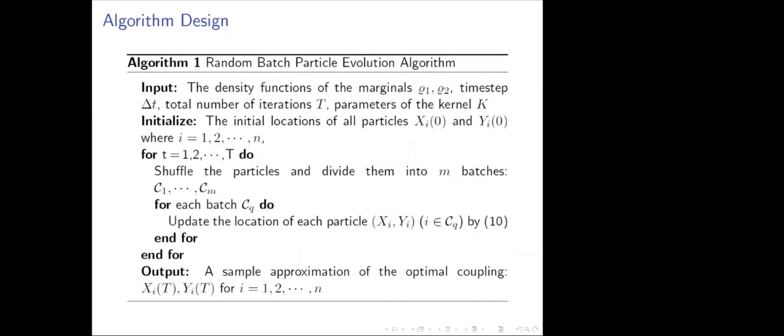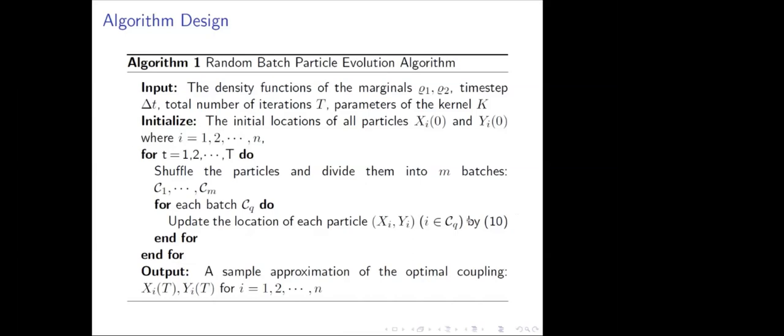We initialize the locations of all particles according to some simple distributions. Then we start to run our algorithm. For each iteration, first we shuffle all the particles and divide them into m batches. Then for the particles in each batch, we update the location based on the particle evolution equations we have before. We don't need to use all the particles to evaluate the approximation of the gradient log rho term.